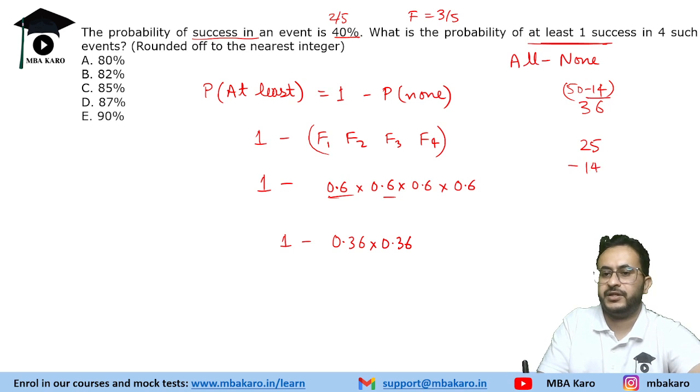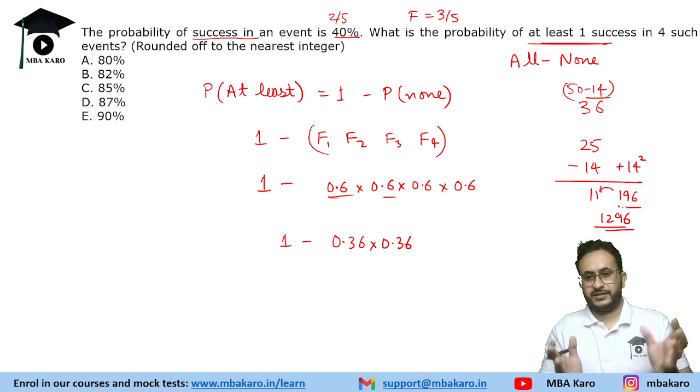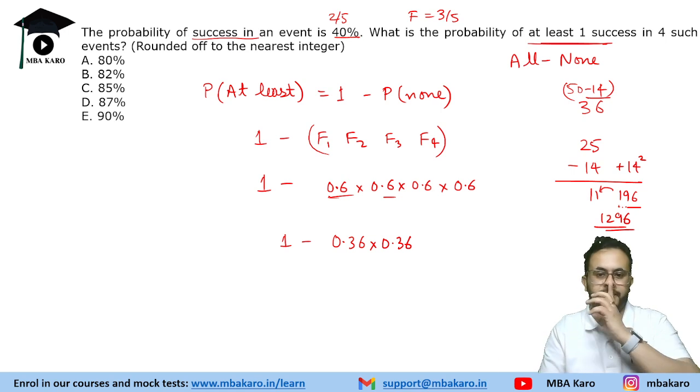So 25 minus 14 and 14 square. 25 minus 14 is 11 and 14 square is 196. It should take only 2 digits; take the extra digit and carry it here. So 1296.